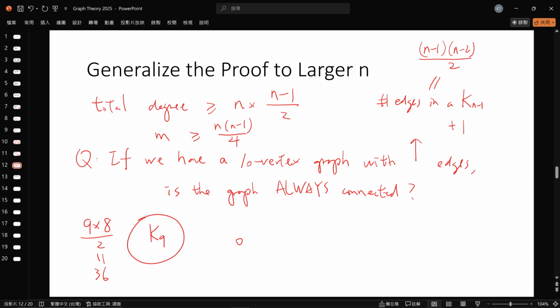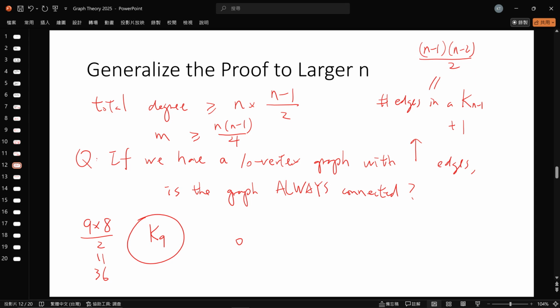But this number can be less than this one, right? Because here the denominator is just 2, but here it is 4. So since this denominator is greater, this one can be smaller than this one. So let's try this example.